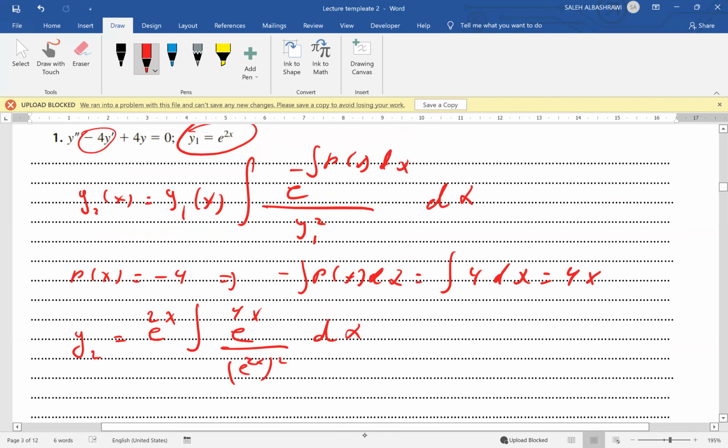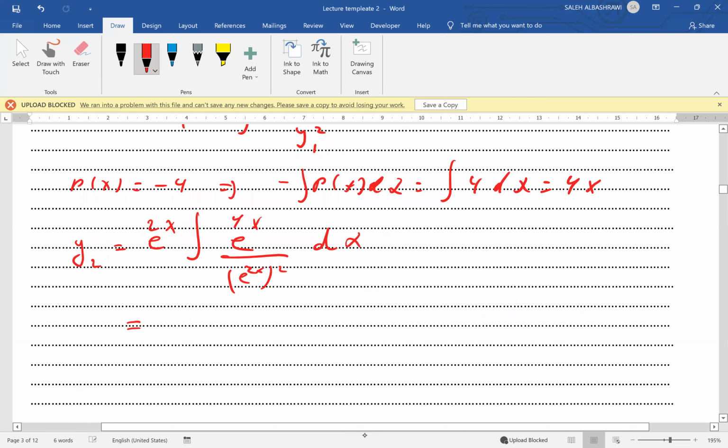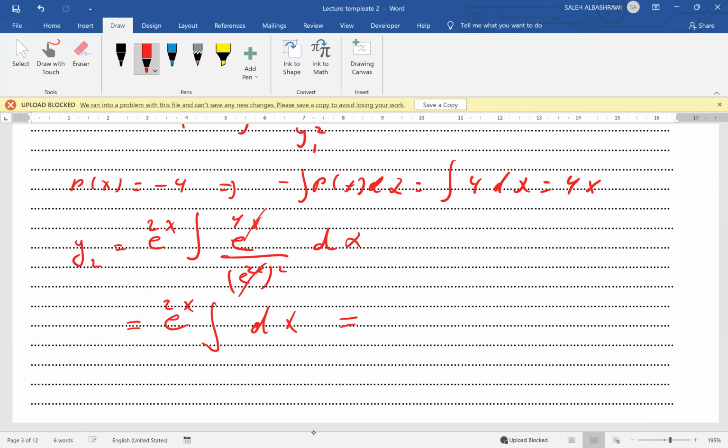Which is equal to e to power 2x integration of e to power 4x, and e to power 4x will cancel each other. So we'll have only dx, which is equal to e to power 2x multiplied by x. We can say also plus constant.